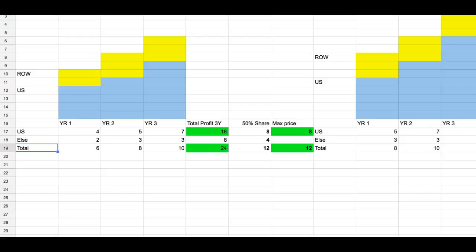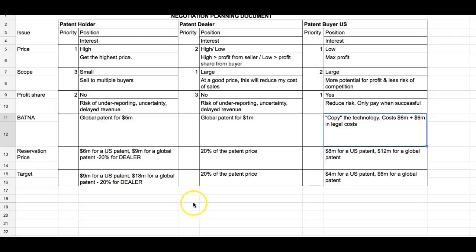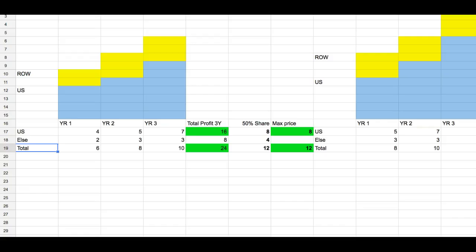In this case, as a buyer, you have the option to create your own technology. Your estimated costs here are $12 million, 6 million to make the technology, and 6 million that you may incur in legal costs. So that is what you have in your hand.